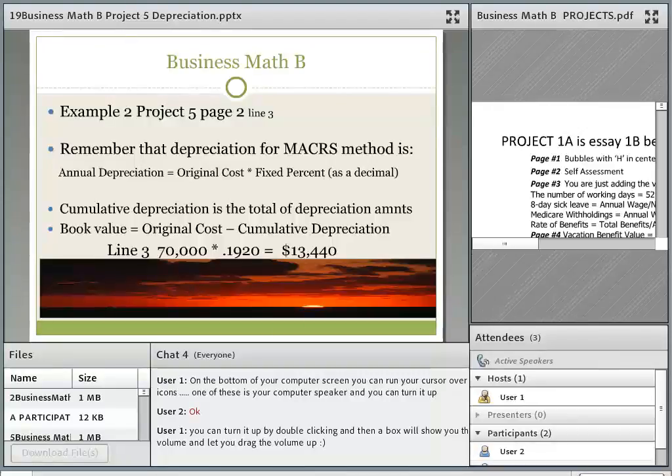Then to solve the book value, we take the 70,000 again and subtract the accumulated depreciation, and that part's filled in for us. So it's 70,000 minus 49,840, and that equals 20,160.